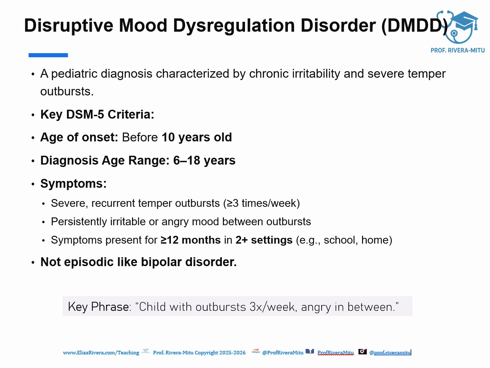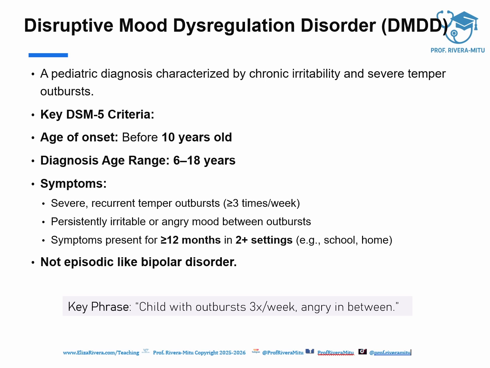DMDD, or Disruptive Mood Dysregulation Disorder, is a pediatric diagnosis for children between ages 6 to 18 who present with chronic irritability and frequent temper outbursts. This was introduced to reduce overdiagnosis of pediatric bipolar disorder. Key points are symptoms lasting 12 months or more, occurring in at least 2 settings, and onset before age 10.